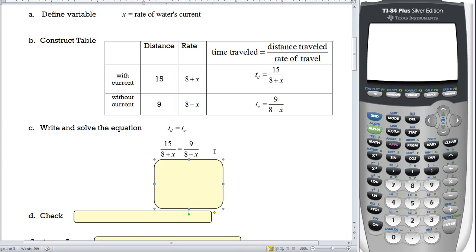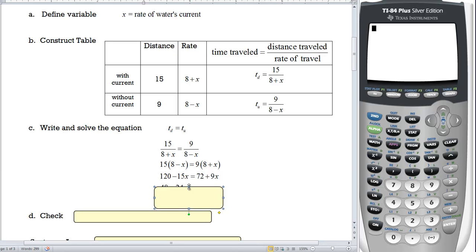Now we didn't really have any problems like this in the last section where I have one fraction equaling one fraction, but you'll find it's quicker if you do cross multiplication to do these problems. It works the exact same way as getting a common denominator, but it's faster. So I'm going to go 15 times this, 9 times this, distribute through.